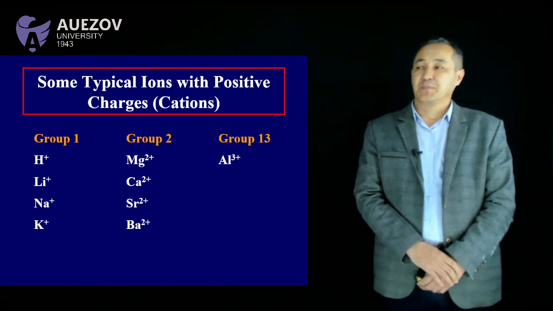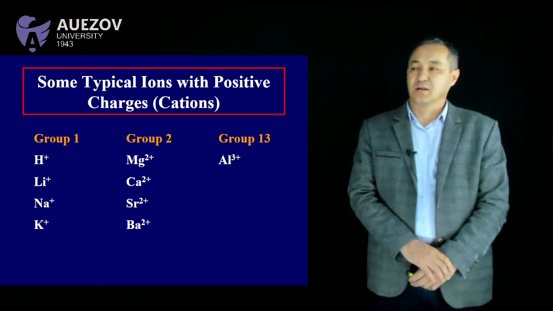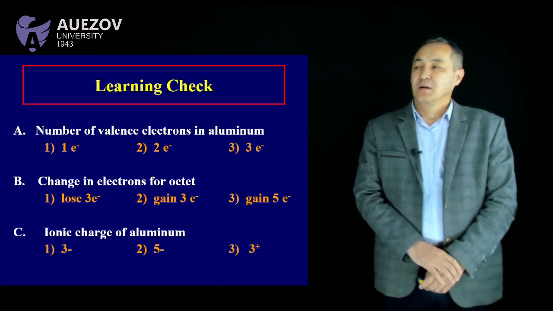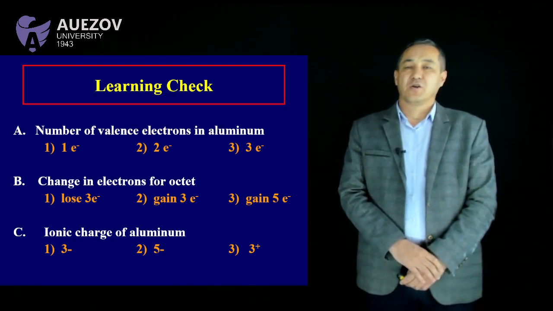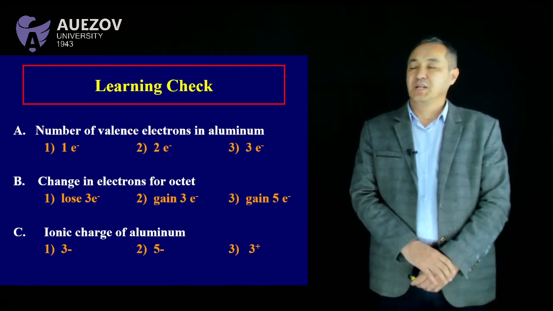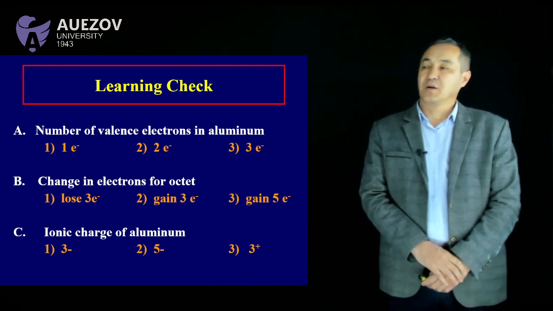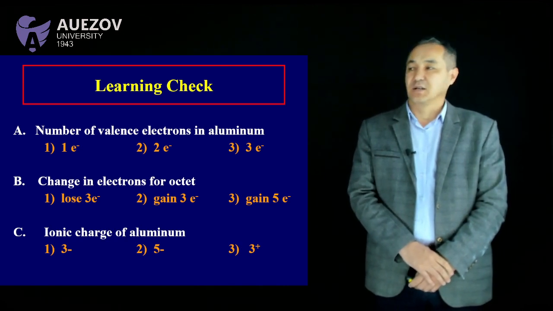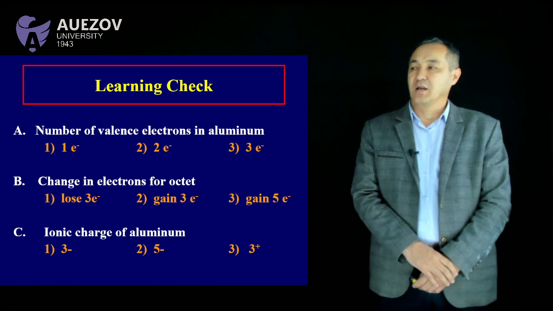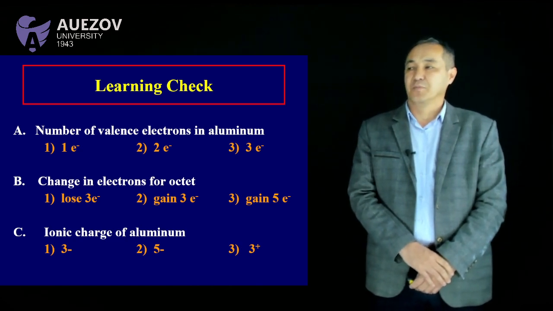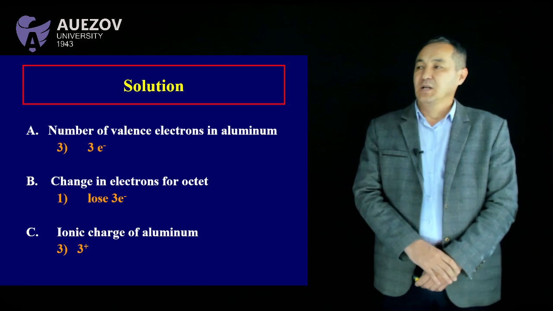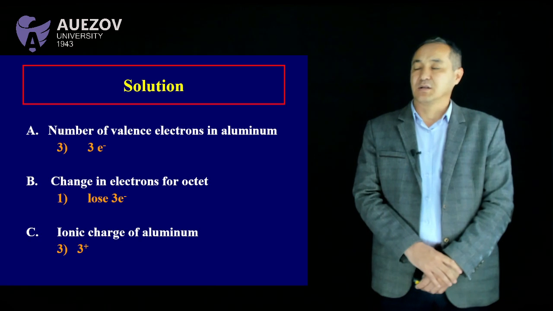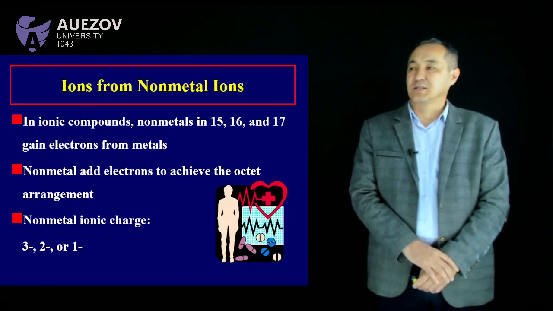For example, magnesium can give 2 electrons. To check your understanding, we can give a test. For example, the number of valence electrons in aluminum. Here on the slide we can see the solution for this test.